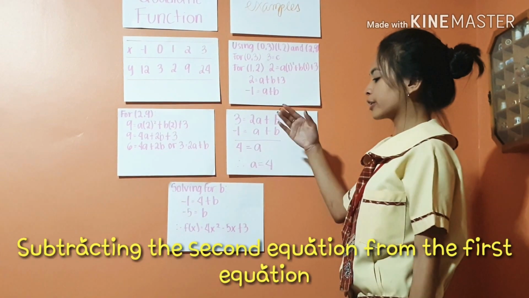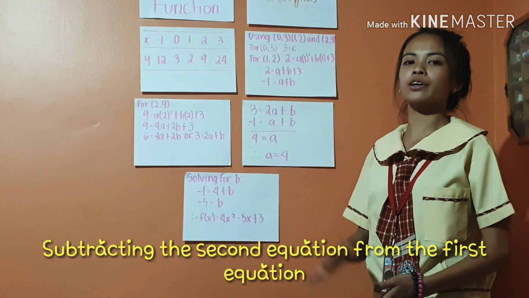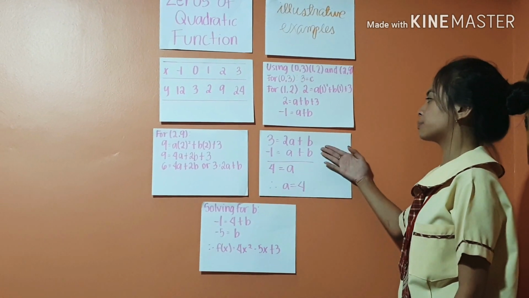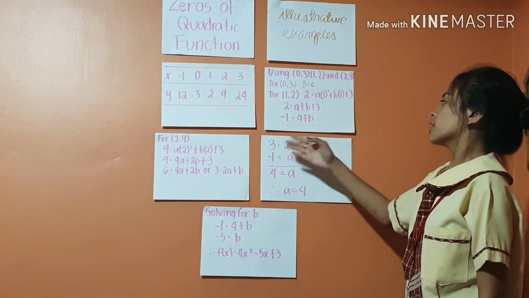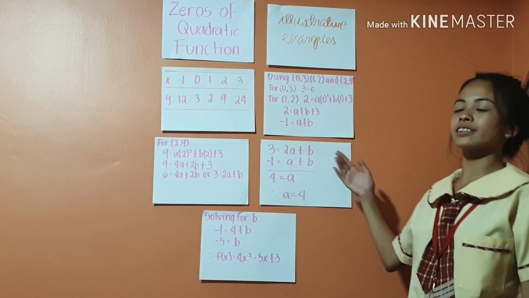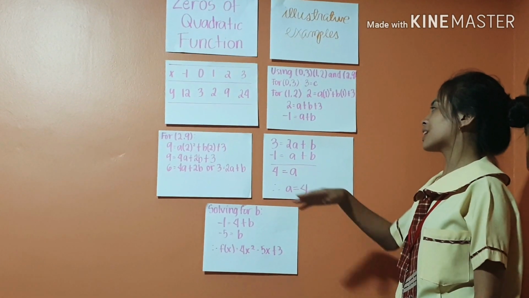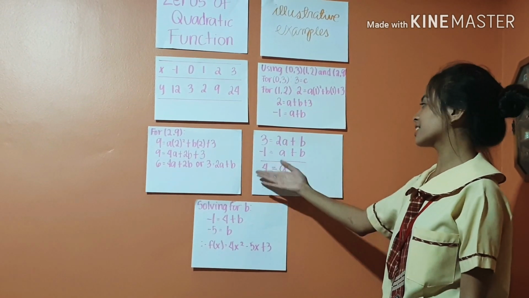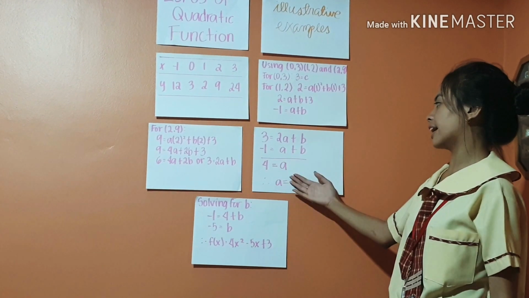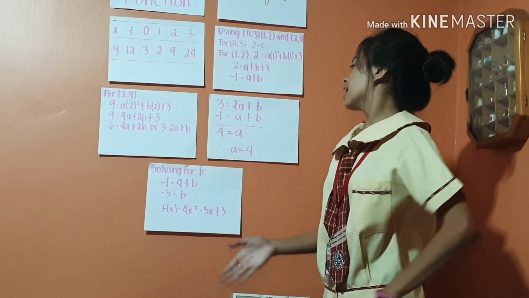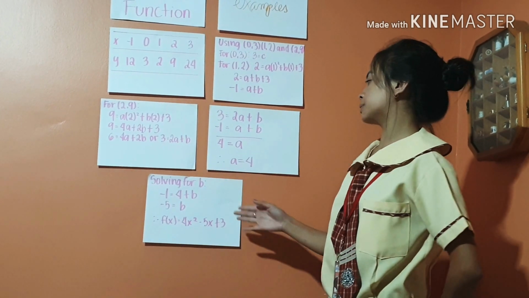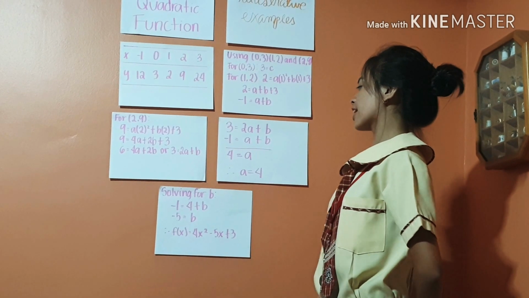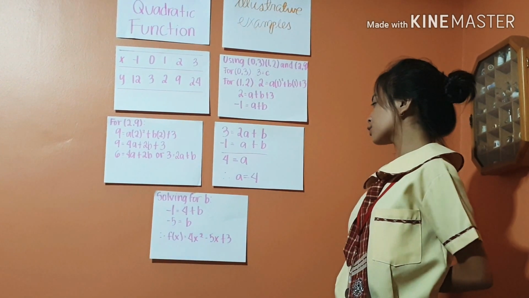So now we subtract the first equation from the second equation. 3 equals 2a plus b is the second equation, and negative 1 equals a plus b is the first equation. Subtracting, 3 minus negative 1, the answer is 4. So 4 is the a. Solving for b, negative 1 equals 4 plus b. So negative 5 is the b. Therefore, f of x equals 4x squared minus 5x plus 3.